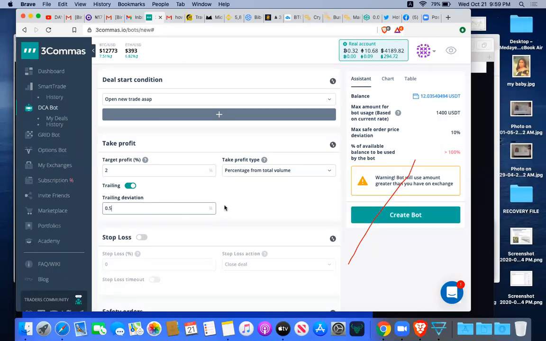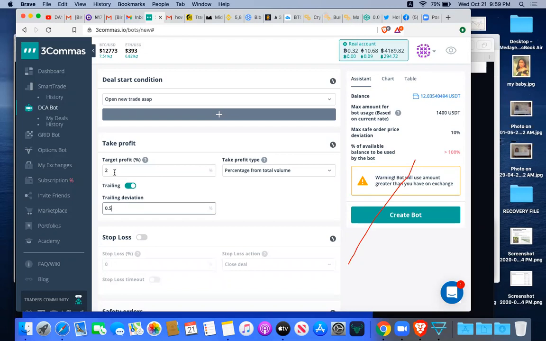When it reaches 2% and the market is still going up, it won't sell at that 2%. It cancels the order and pushes it up again, and again, until it gets to a resistance. If you pull back from that resistance by 0.5%, that is when it will sell for you.